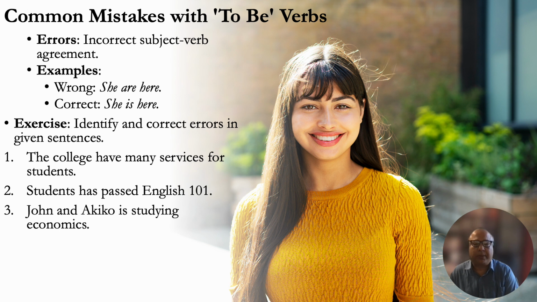Just one person, correct? So it should be she is here, not she are here. So practice correcting to be verb errors in English. First, identify the to be verbs in the 3 sentences below, and then correct the errors.